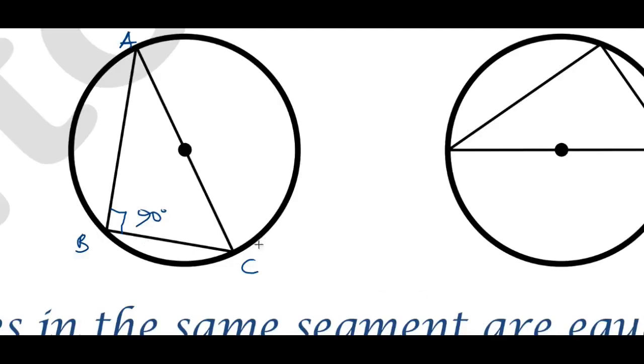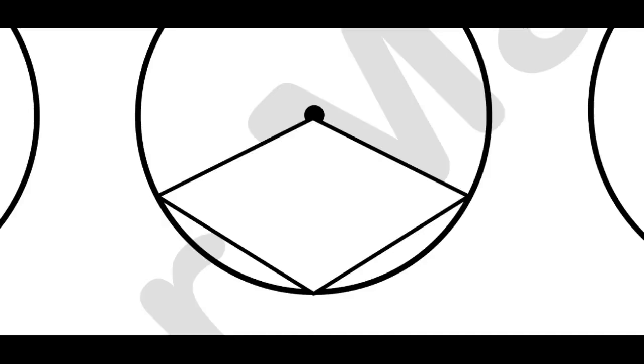If we drew it this way, all right, the angle will still be what? 90 degrees. The angle here will still be 90 degrees. So no matter how you draw it or how you rotate this diagram, it will still be what? 90 degrees.